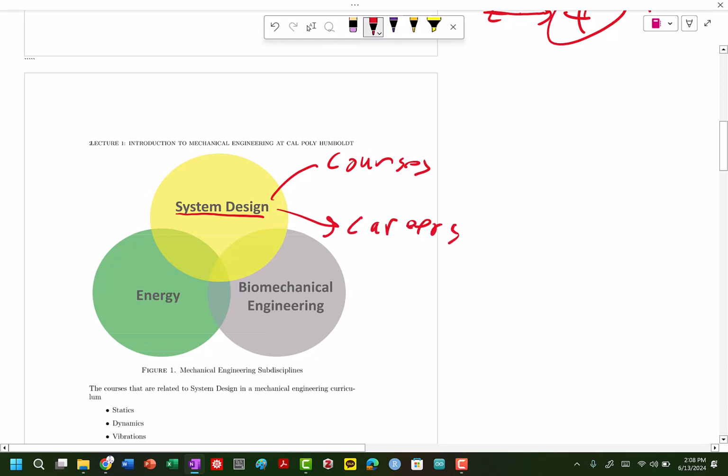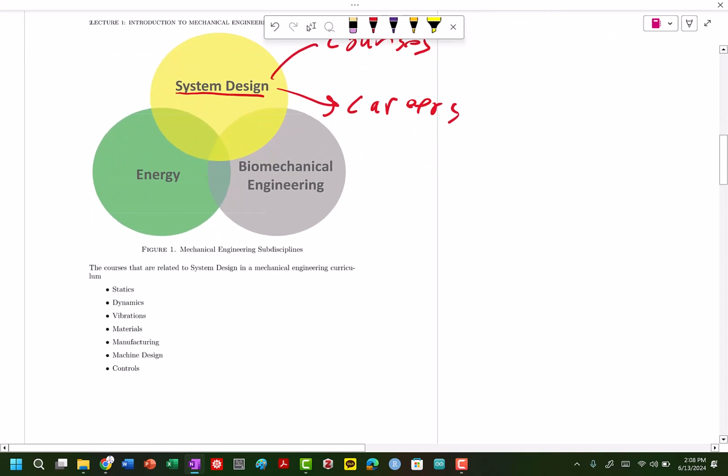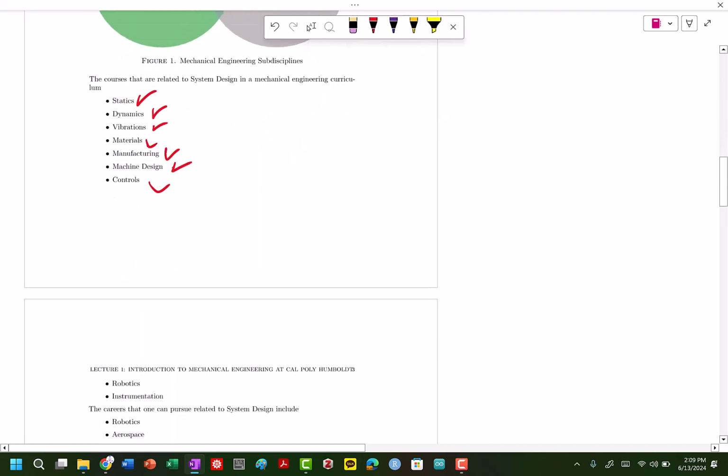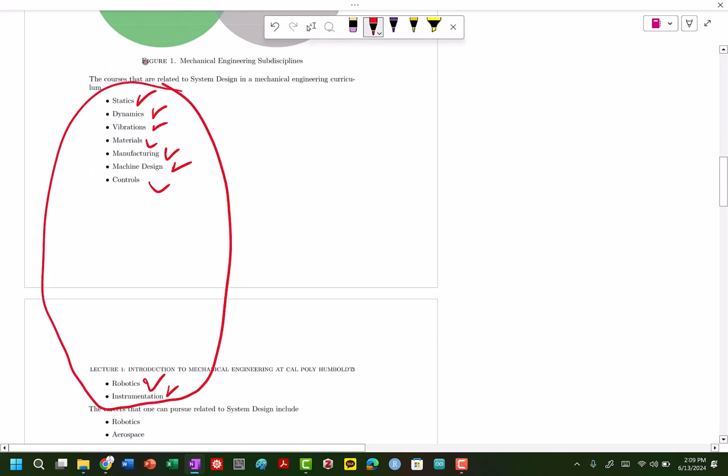And system design is one that requires quite a bit: statics, dynamics, vibrations, materials, manufacturing, machine design, controls, robotics, instrumentation. These are all the courses that are really at the core of some of the subdisciplines that can be bundled under system design.